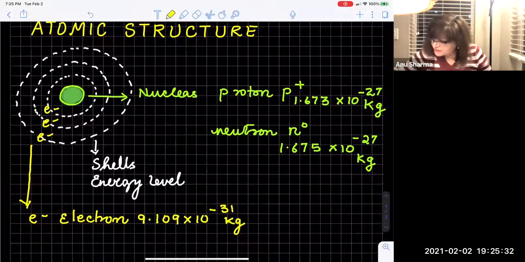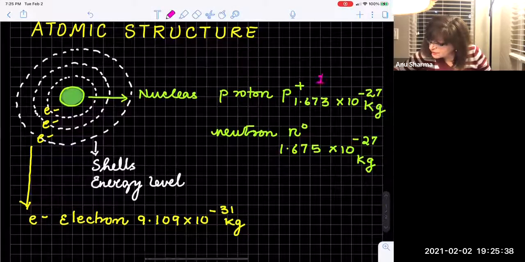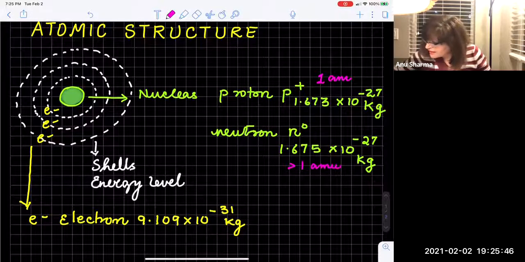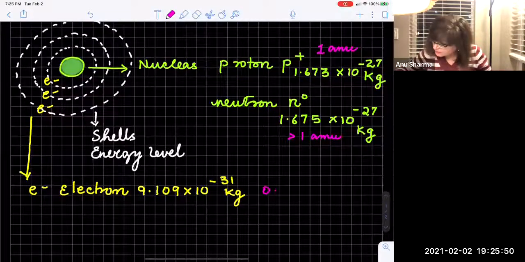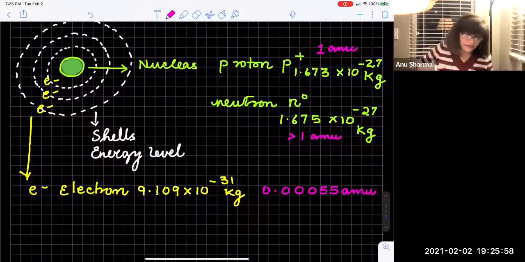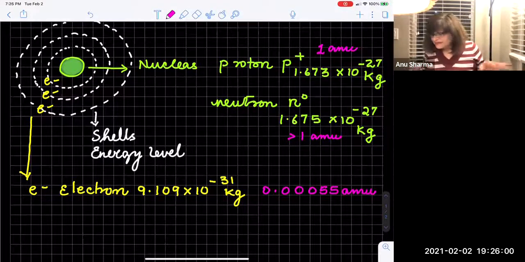In other words, if the mass of a proton is equal to 1 atomic mass unit, the mass of a neutron is going to be a little bit more than 1 atomic mass unit. Then the mass of an electron is 0.00055 atomic mass units. So like really, really small. Okay, so that's the basic thing.